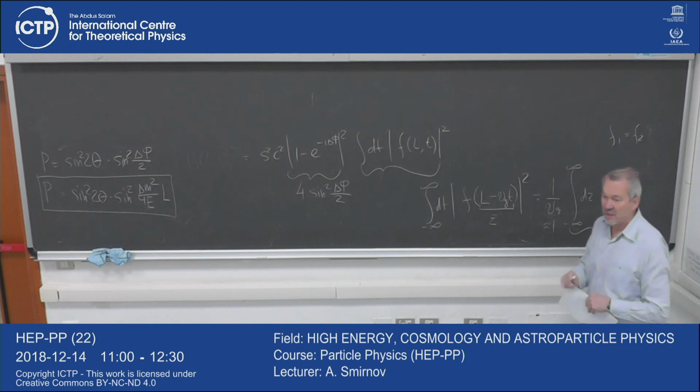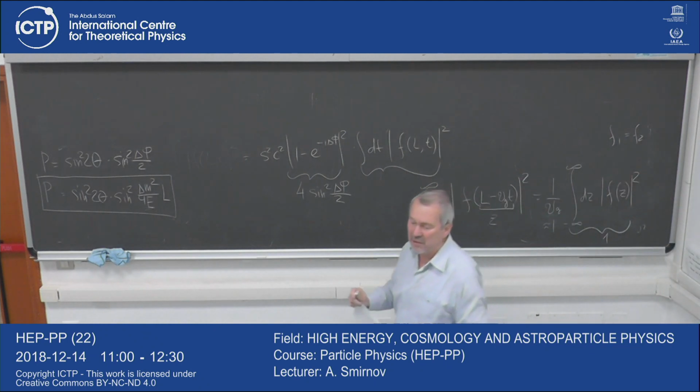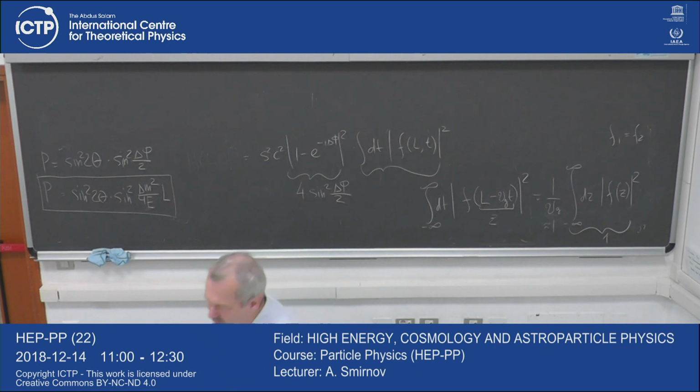But fortunately, the final result is very simple, and you can even derive this in the simplified assumption that the energy is the same or momenta are the same, even not using the wave packet picture, but then some conceptual questions usually appear. So this is without any conceptual question. If you have some questions, ask me.